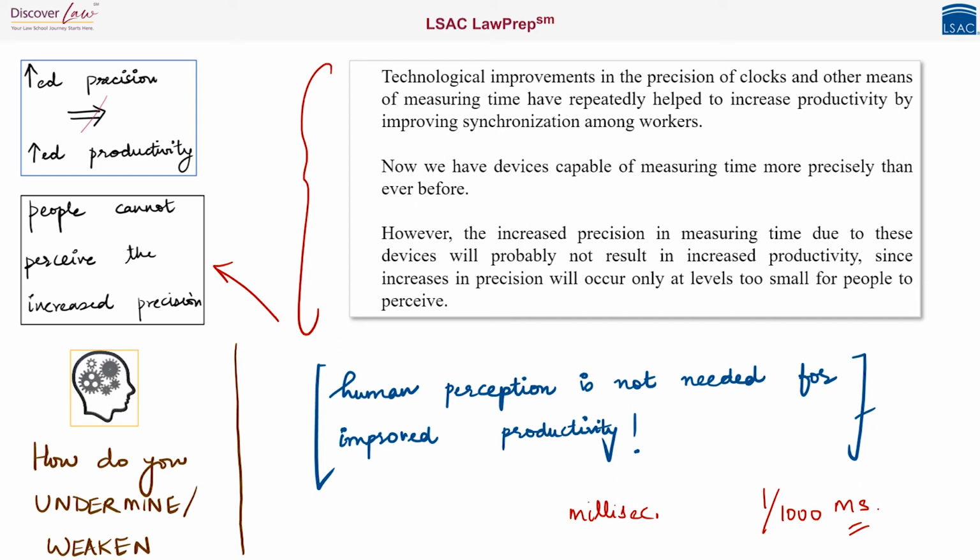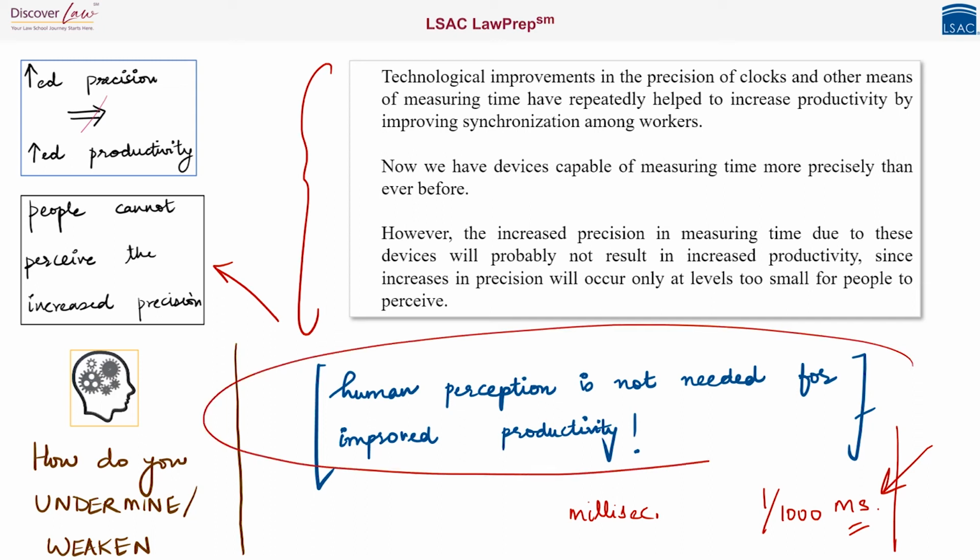However, there might be a machine that can perceive this, and that results in greater productivity, because productivity doesn't always just mean that people have to perceive it. So a weakness in this argument is that maybe human perception is not needed for improved productivity.